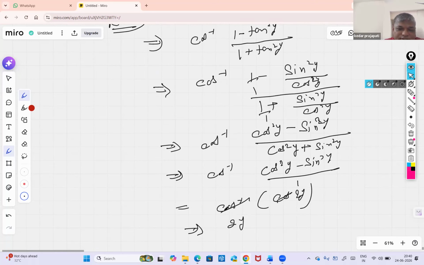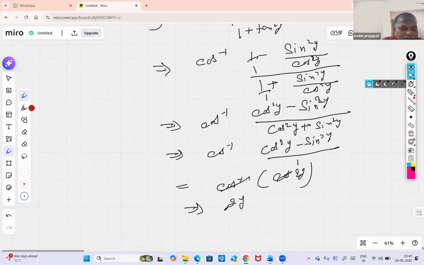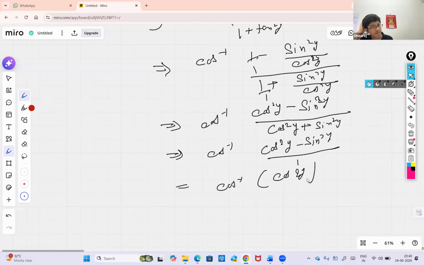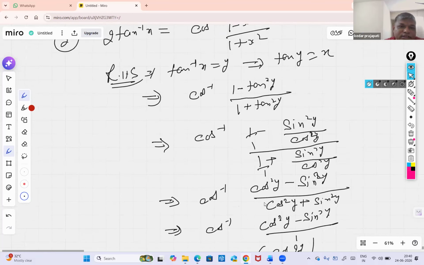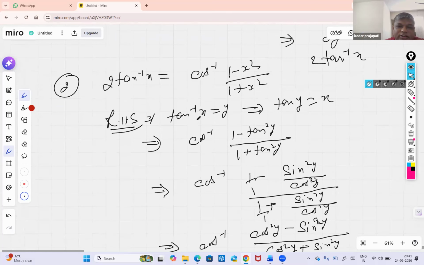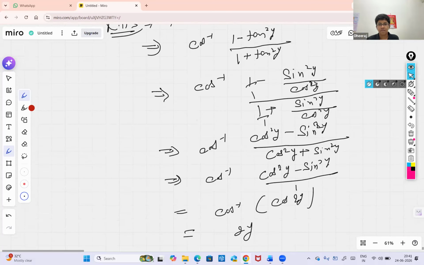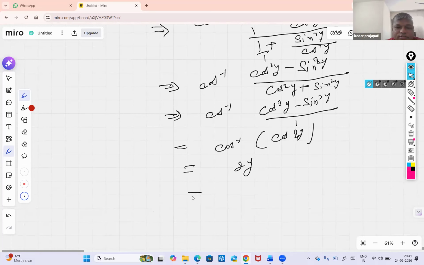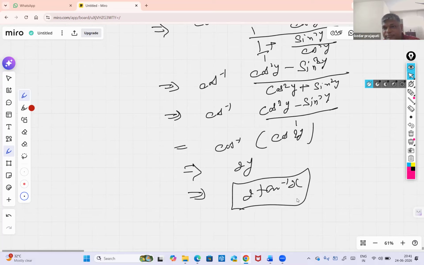You should not cut it, but I'm just cutting it to make you understand. So now it is 2y. And what is y? Tan inverse x. This equals 2 into tan inverse x. Clear?